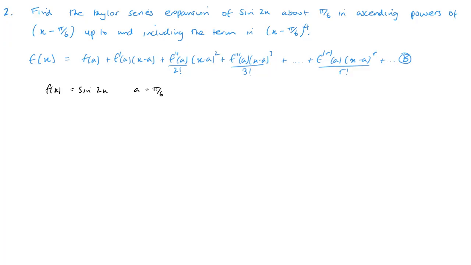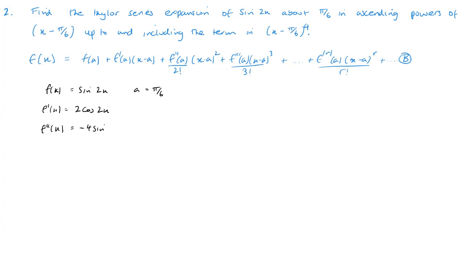And now let's go ahead and differentiate. So we need to go up to x to the power 4, so we need to differentiate 4 times. So sine differentiates to cos. This is going to be 2 cos 2x, and then it's going to be minus 4 sine 2x.